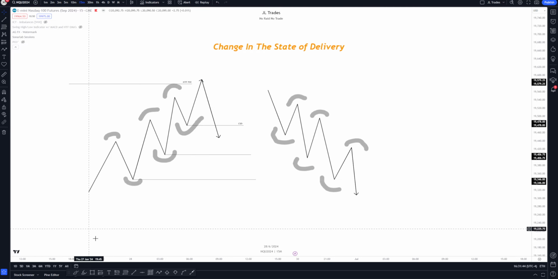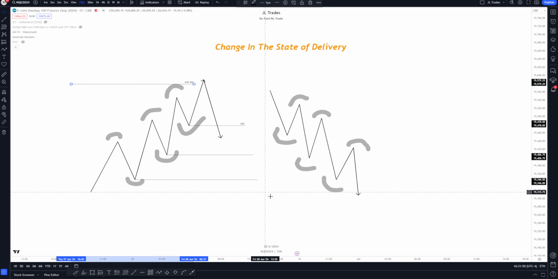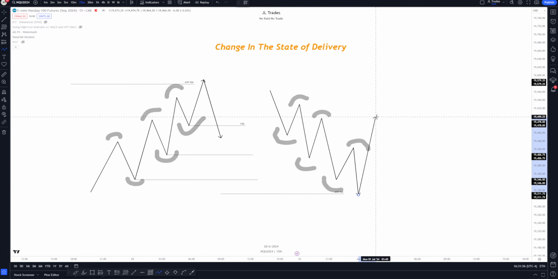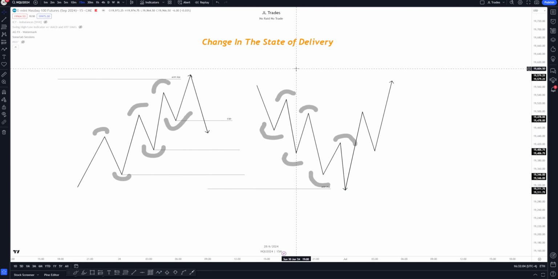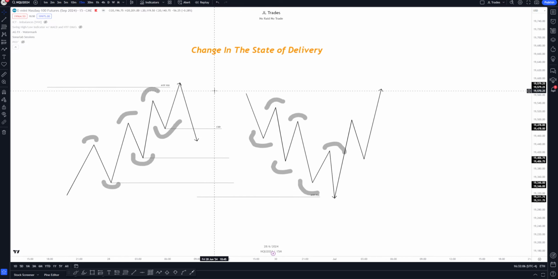So what it would be is price hits your higher time frame level. And then from that higher time frame level, price closes above this CSD, taps back into the order block, and we go higher. Now, if you notice something, and if you're in my Discord, you'll know I trade on the unicorn model.